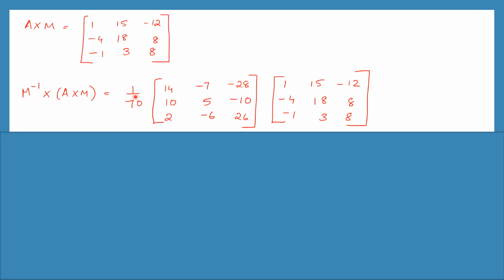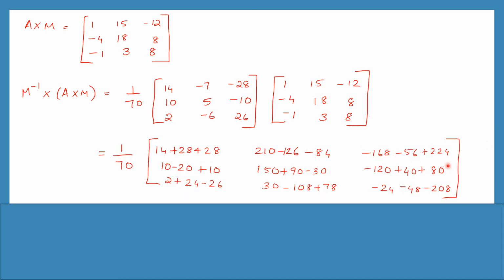So M inverse is 1/70 into the matrix 14, -7, -28, 10, 5, -10, 2, -6, 26, multiplied with 1, 15, -12, -4, 18, 8, -1, 3, 8. We perform matrix multiplication between these two matrices and divide the answer by 70.